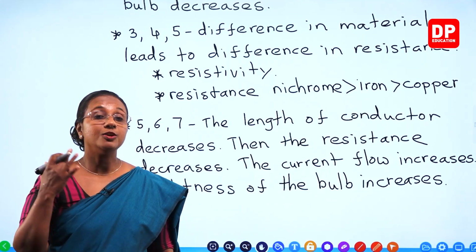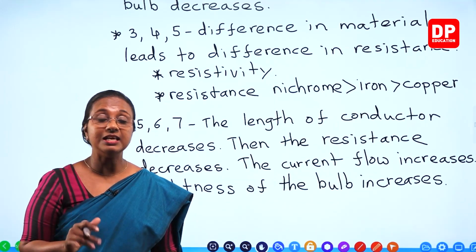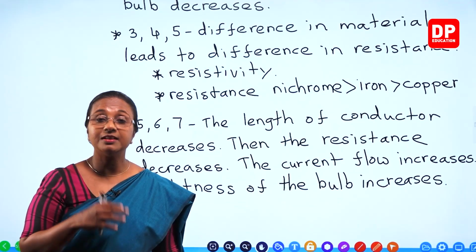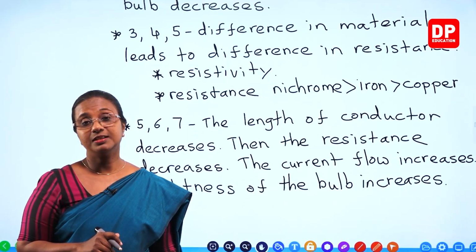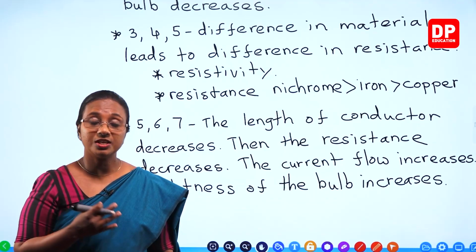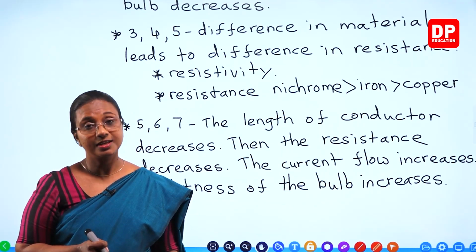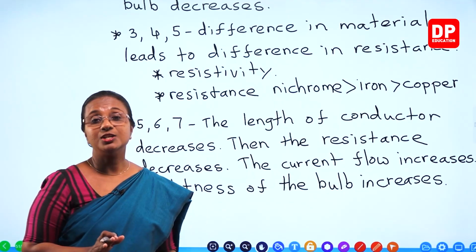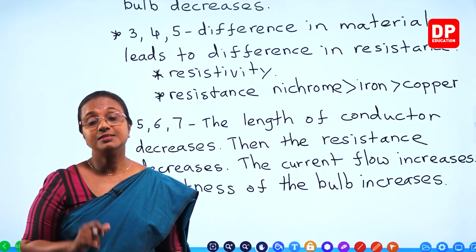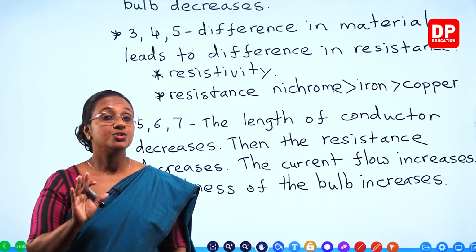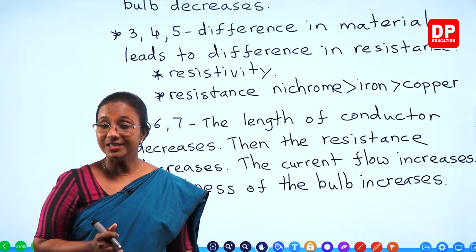So from that, you will understand very clearly the three factors that affect resistance of a conductor: length of the conductor, cross-sectional area of the conductor, and the material composition of the conductor. And already you have understood how they affect the resistance of the conductor. So with that, students, I will move on to the next slide.